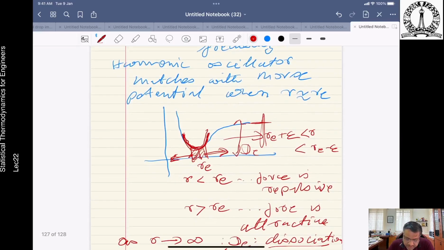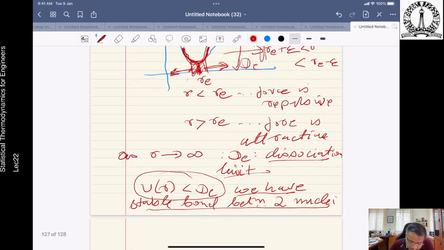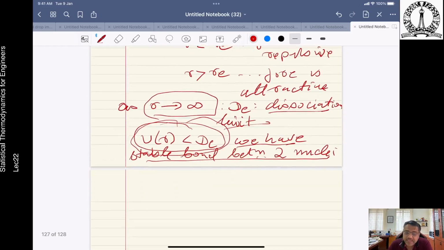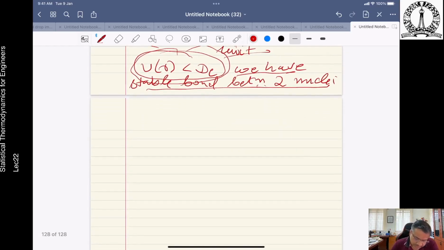The harmonic oscillator works very well when the distance r is within a particular band of the equilibrium internuclear distance. When r goes to infinity, you have dissociation. Normally, when your potential is less than dE, we have a stable bond between the two nuclei concerned.